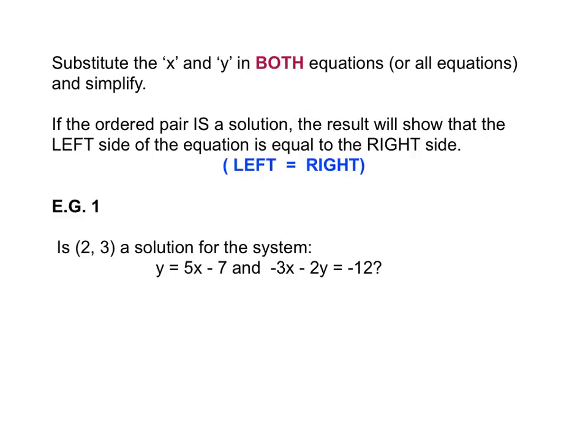So here's our first example. Is (2, 3) a solution for the system? Being very clear on your x and y values, you're going to take the ordered pair and replace those in the equation.